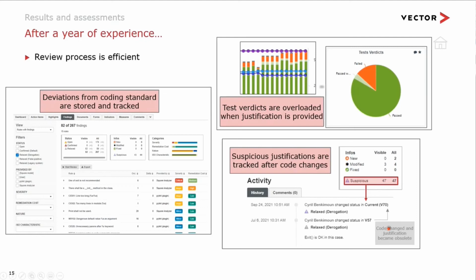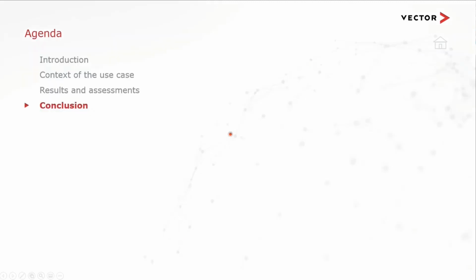So it would be interesting to review it and to accept it again, or maybe to unjustify the finding. This feature is really nice, and it really helps us to be confident in the findings review that we have put in place. So this is really good feedback that we wanted to share as well.